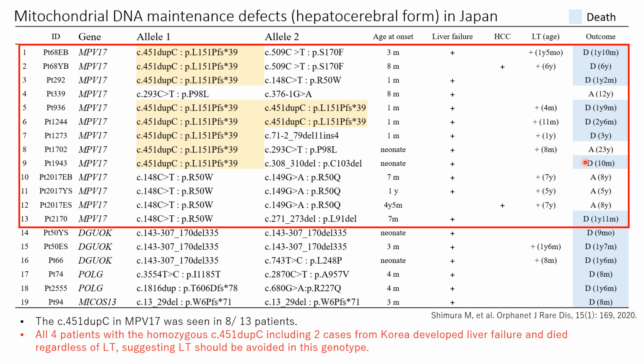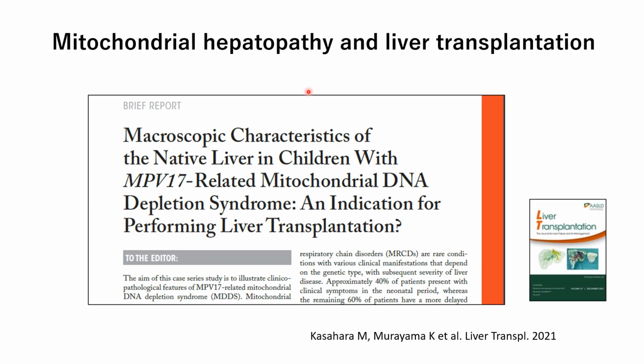In MPV17 cases, this frame shift variant highlighted in yellow was seen in 8 of 13 patients. This frame shift variant was also reported from Korea. This suggests liver transplantation should be avoided in this genotype. We published the liver transplantation for MPV17 last year.